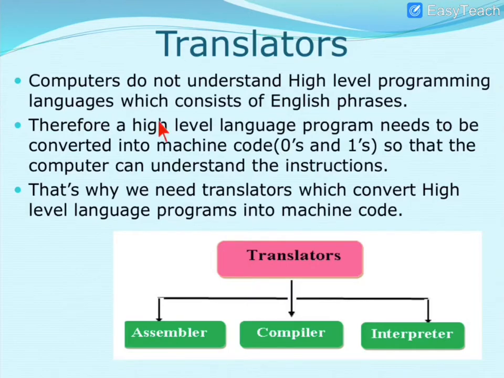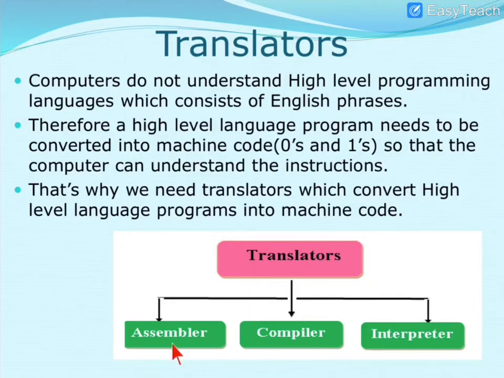We write programs in the high level languages, translators convert these programs into machine codes, and these machine codes are finally understood by the computer, and the computers follow the instructions written in the program, and they finally give us the output. And there are three types of translators that we are going to study about: assembler, compiler, and interpreter.